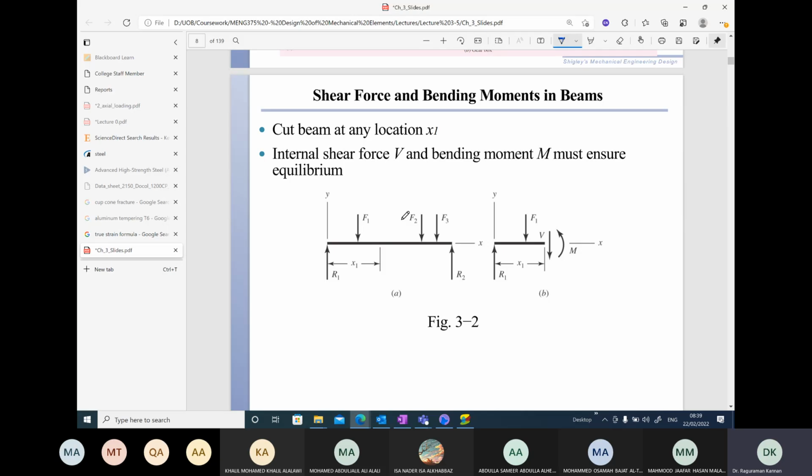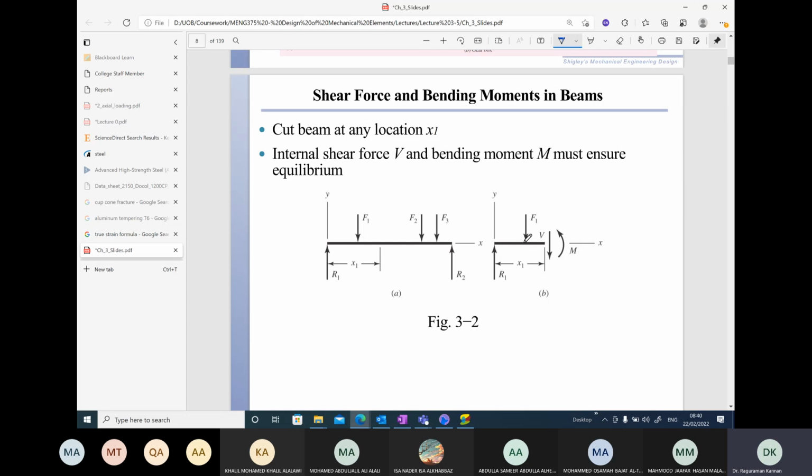Simple case: how do we draw the shear force and bending moment diagram for a two-dimensional beam? If you have forces acting on a beam, you try to find the reaction forces R1, R2.